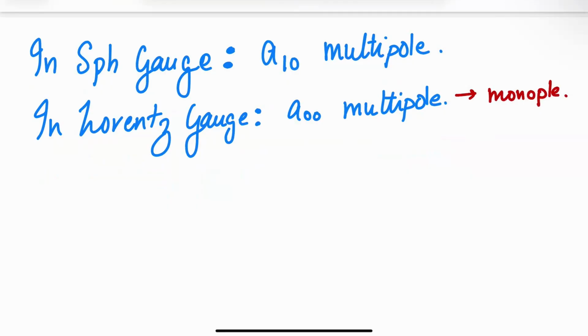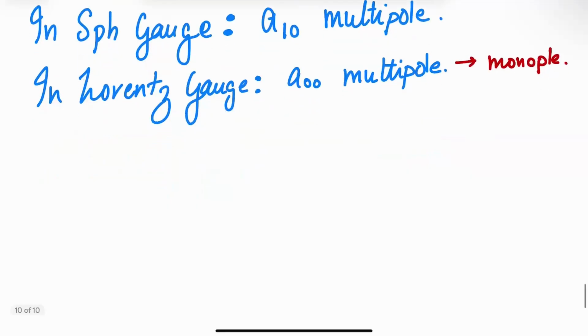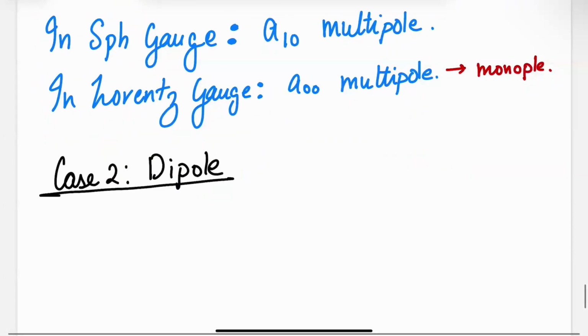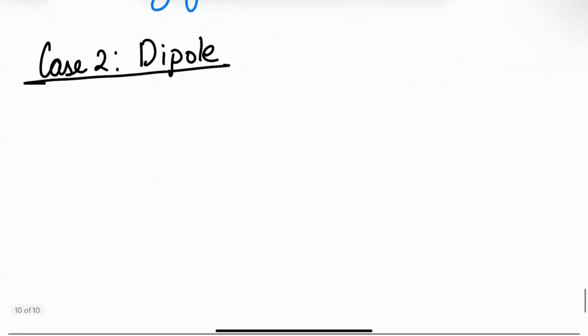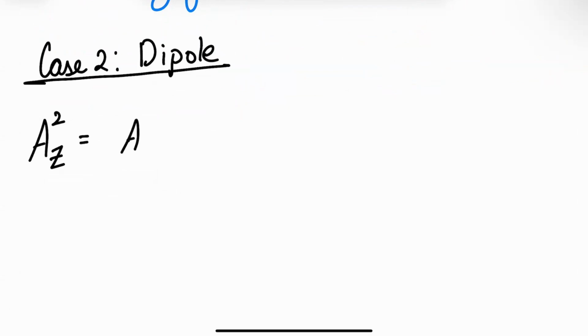Right. Now we want to see for the dipoles. These two dipoles. We want to show even for dipoles, you have a unique spherical wave function coming out. So AZ2 would then be AZ1. So AZ2 represents a dipole.